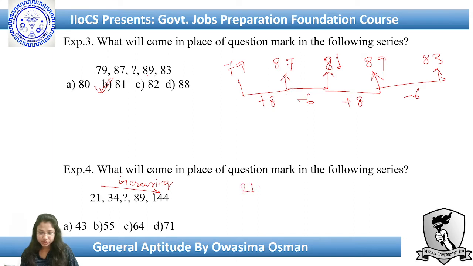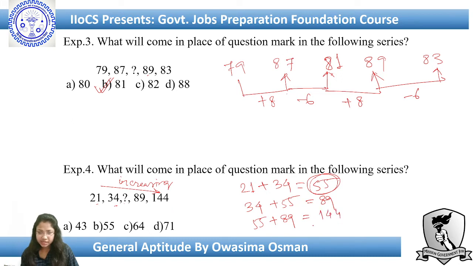If we do 21 plus 34, or if we add the first term and second term, we will get 55. Again if we add the second term and third term, assuming it is a third term, we will get 89, and if we add the third term and fourth term, 55 plus 89, we will get 144.